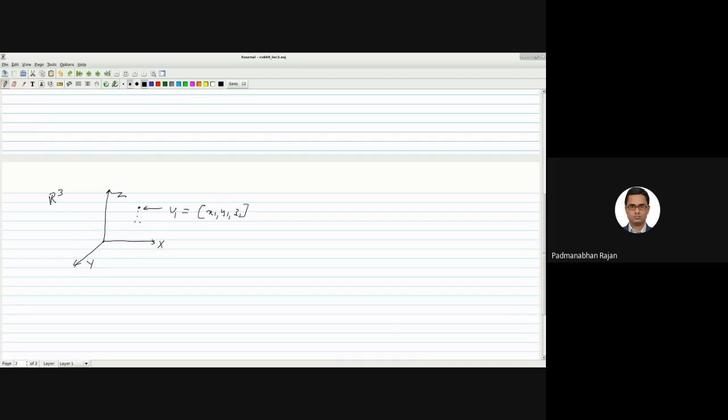It's very difficult for me to draw on the tablet, so pardon me. I'm not able to draw the third axis. Okay, so this is the typical standard 3D space. Let me remove those things, I think that makes it more confusing. Yeah, so that is my vector.